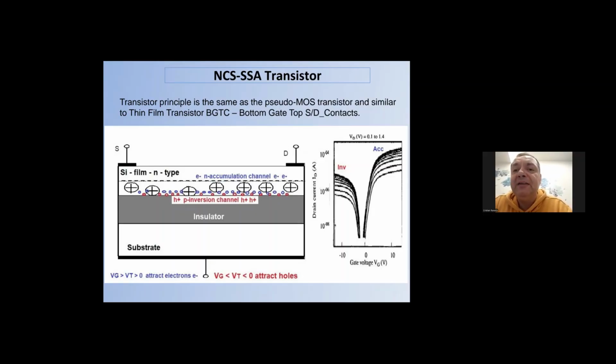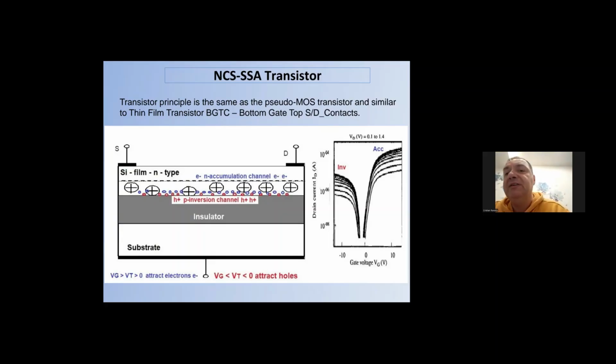When we apply, as you see in this picture, with red and with blue, a positive gate voltage, we attract electrons from the N-type silicon. N-type is rich in electrons, and if we apply the positive gate voltage, this voltage attracts electrons. We produce in this case the accumulation regime for this transistor.